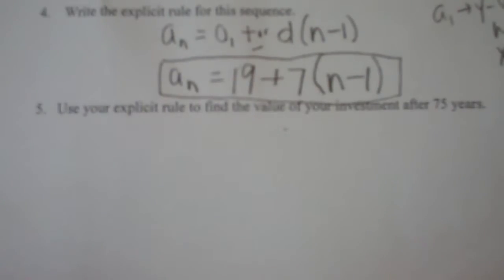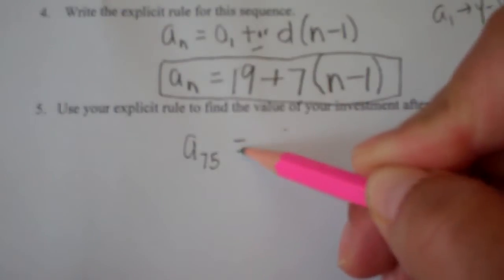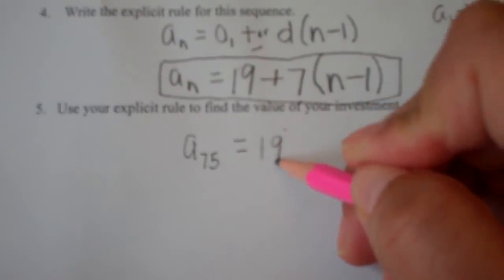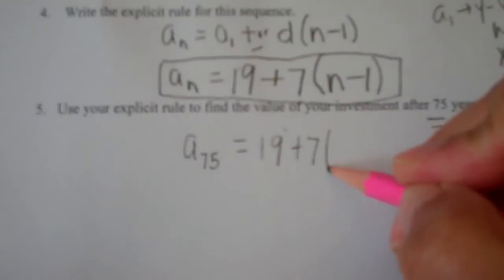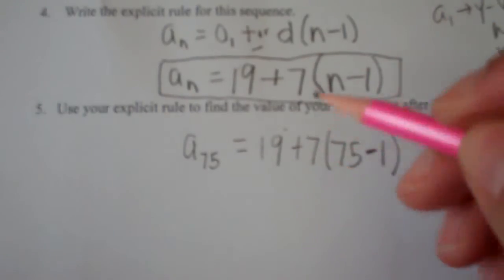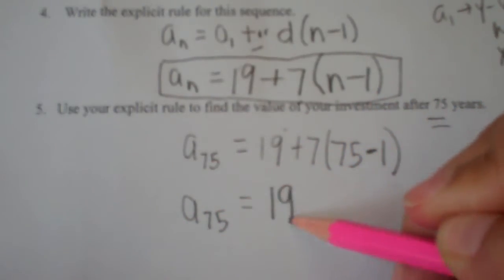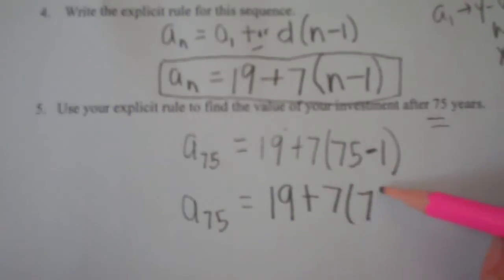Use your explicit rule to find the value of your investment after 75 years. So we have a sub 75, because that's the year we're looking for, equals 19 plus 7 times 75 minus 1. Now we have to evaluate this side. So a sub 75 equals 19 plus 7 times 74.